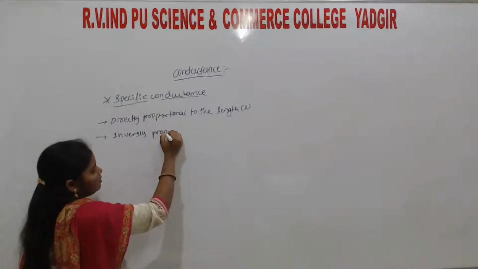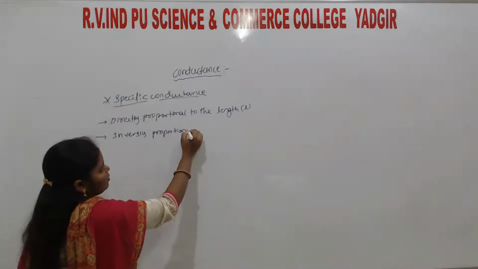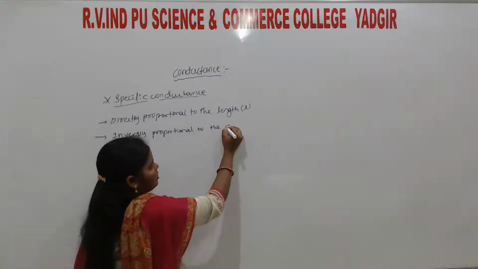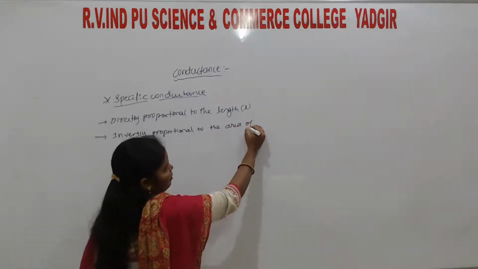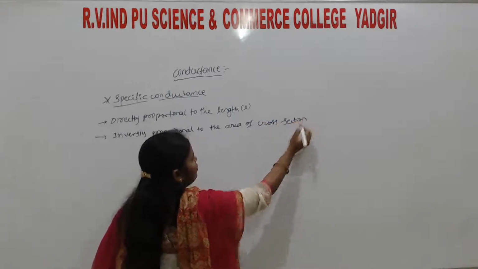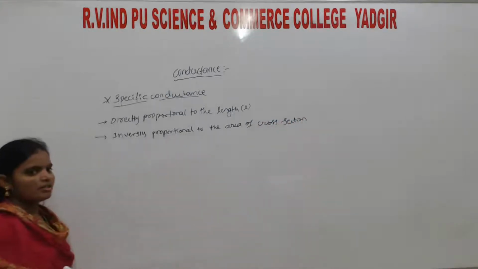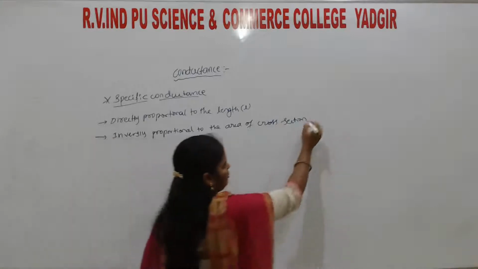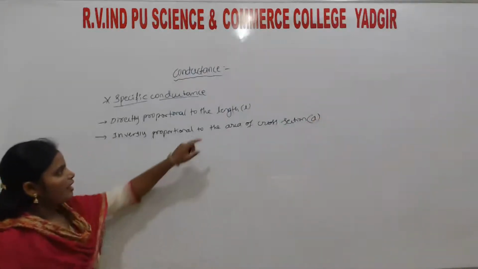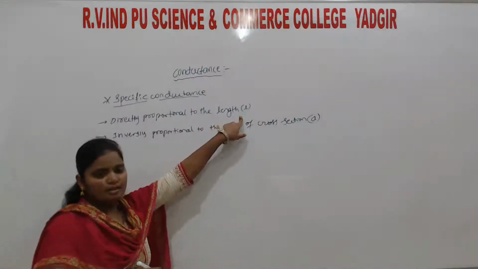Area of cross section is denoted as A, and L is the length here.